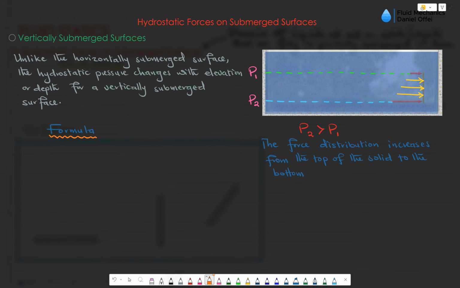So then our formula changes, and then we have the resultant force equals y bar times the specific weight times sine of the angle times the surface area.